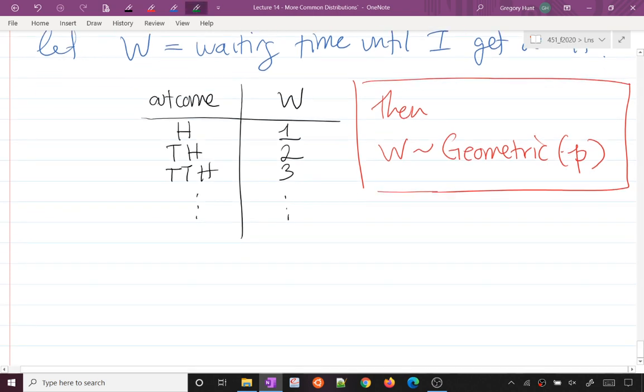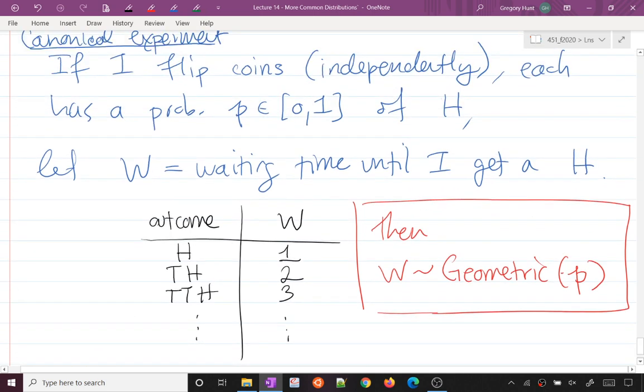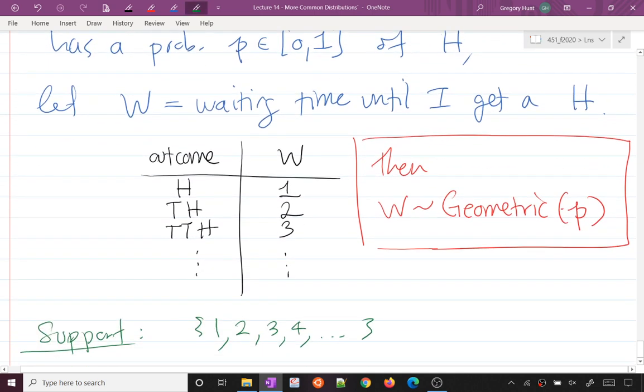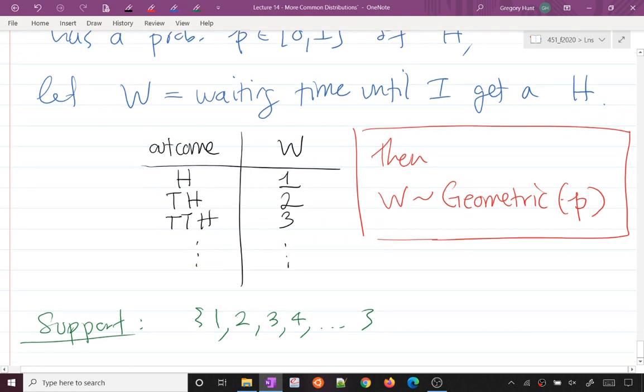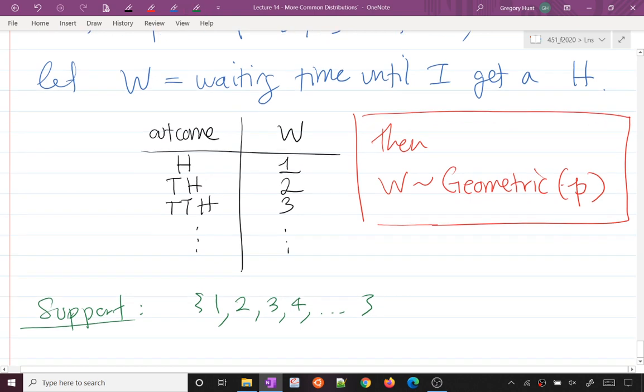So the support of this random variable is just the positive integers, 1, 2, 3, 4, etc. Right? So it's this waiting time thing where if I get heads on 1, I wait once, or twice, 2 flips, 3 flips, 4 flips, and I'm going to say how many flips do I have to wait, the W for wait, before I get a heads?